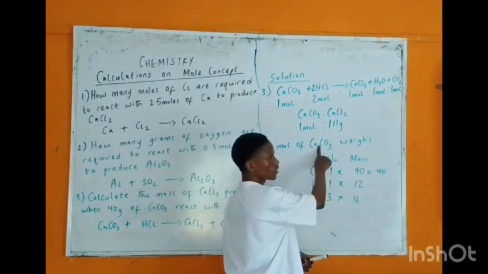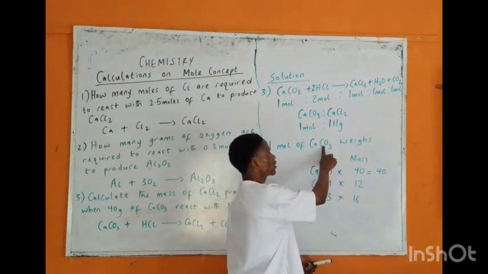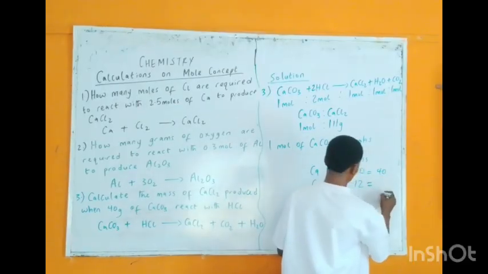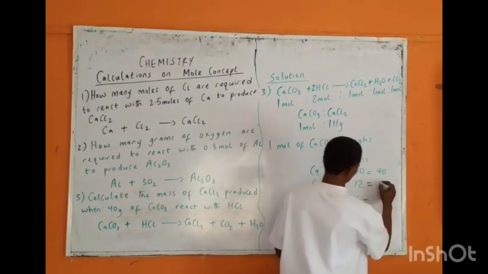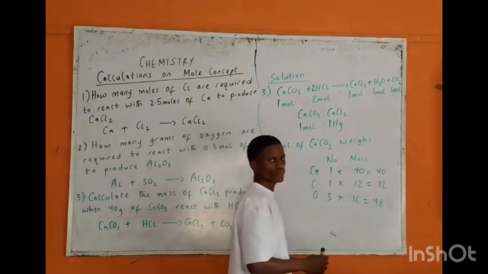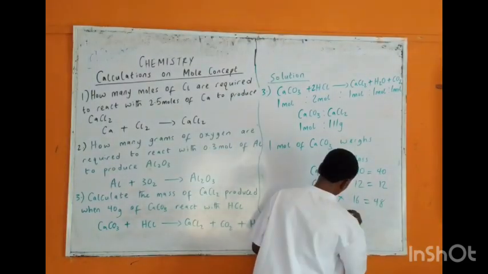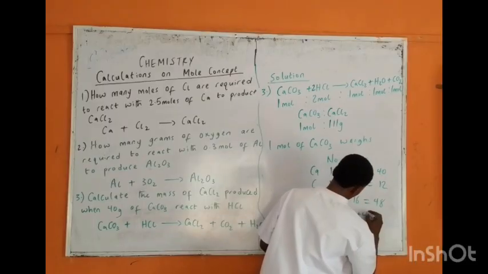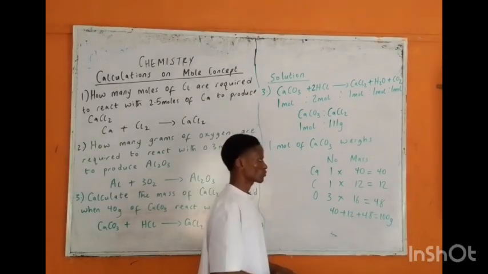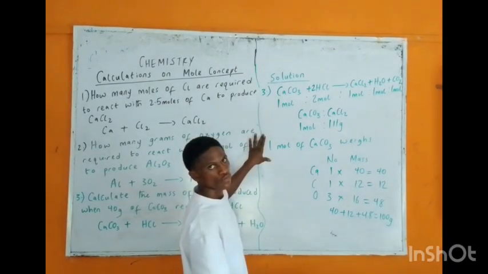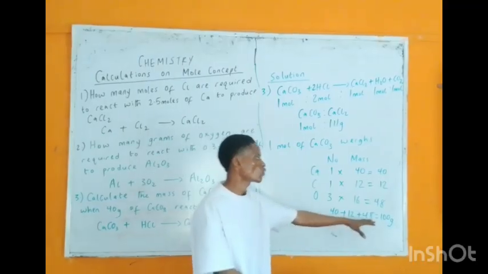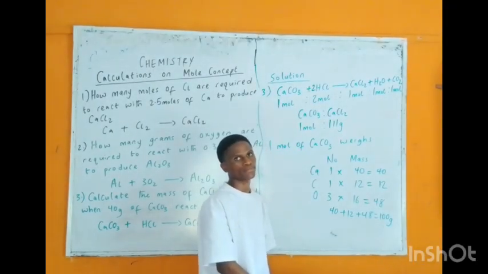We have 1 calcium here, 1 carbon here, 3 oxygen here. So 1 mole of calcium carbonate weighs what? 100 grams.